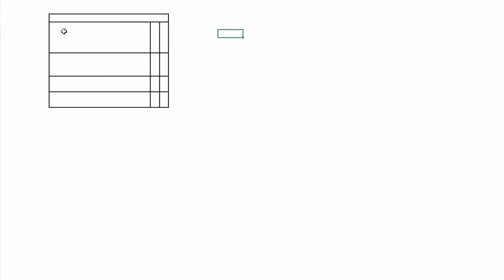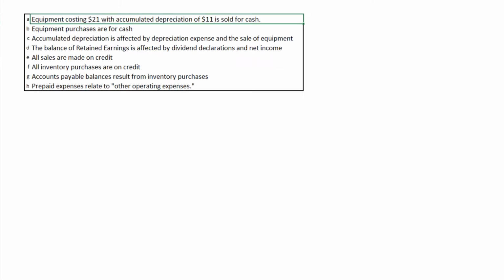So to do that, boom, account names, debits, and credits right there. Remember, debits always come first during a journal entry. So accumulated depreciation is $11. We don't know how much it is sold for in cash, so we have to do the journal entry.